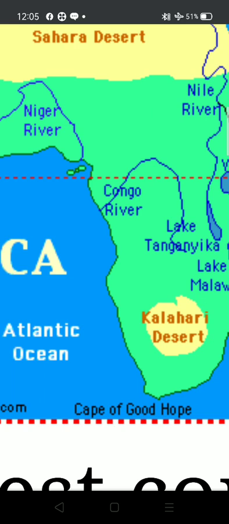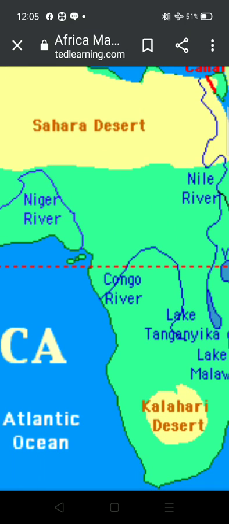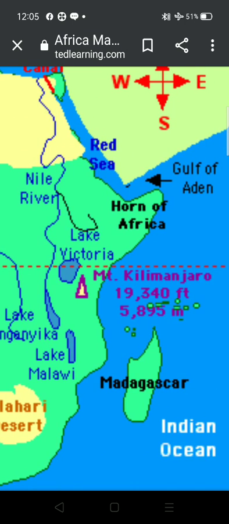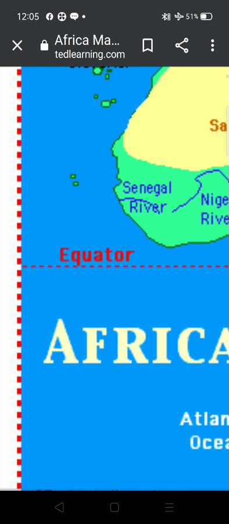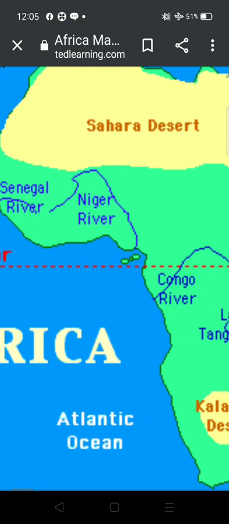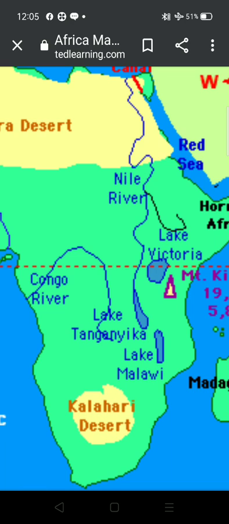Moreover, it is a very hot region. You can see here in this continent the equator passing through the middle of the continent. Can you see this? The equator. This equator, which passes through the center of Africa, makes it very hot.